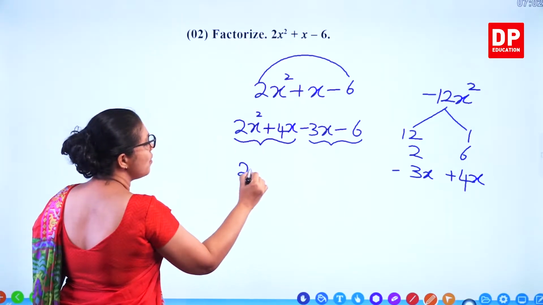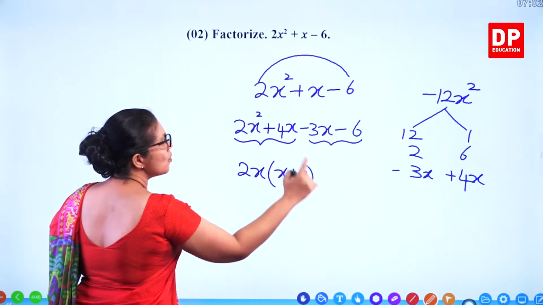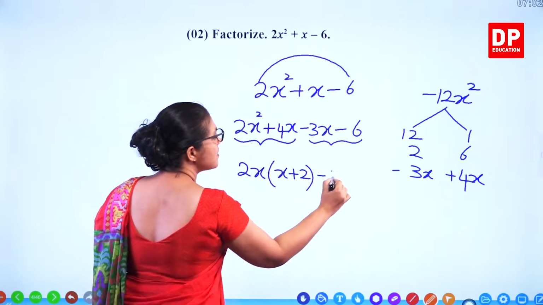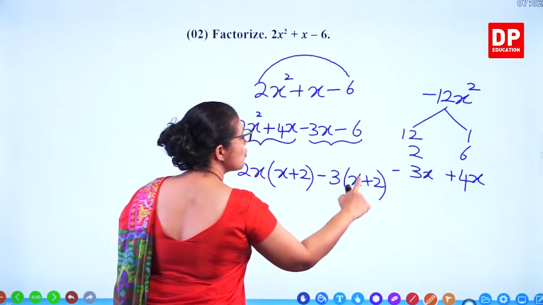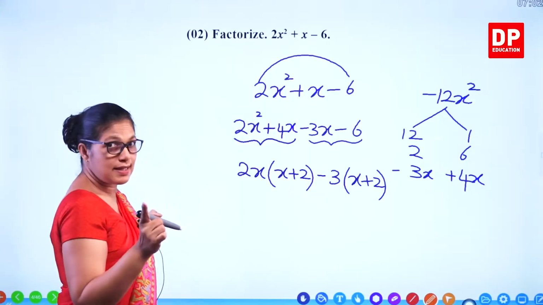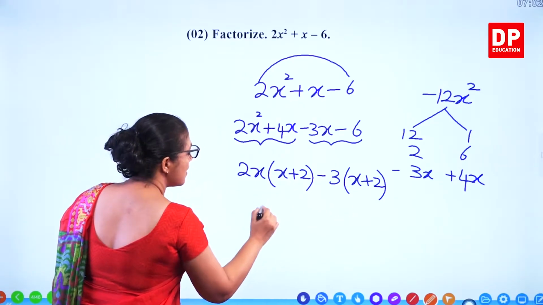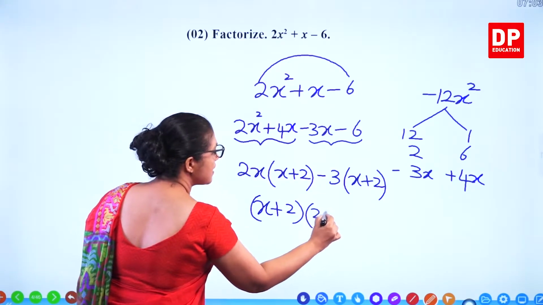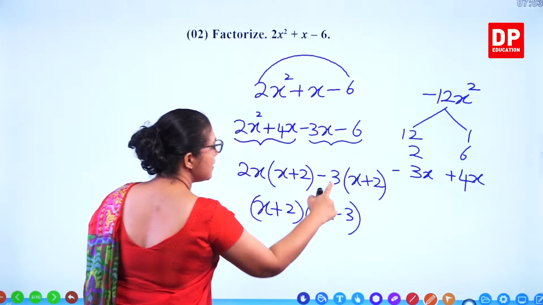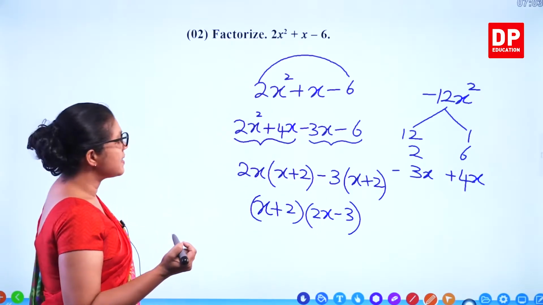Here you get 2x, then x plus 2. You can take minus 3 from here, then you get x plus 2. You are getting the same factor. So you take this factor again and write down the remaining factor inside the other bracket. So x plus 2 and 2x minus 3.